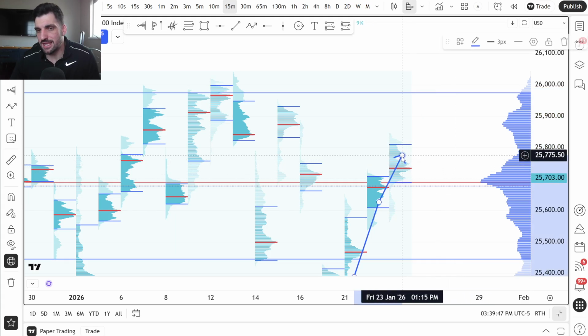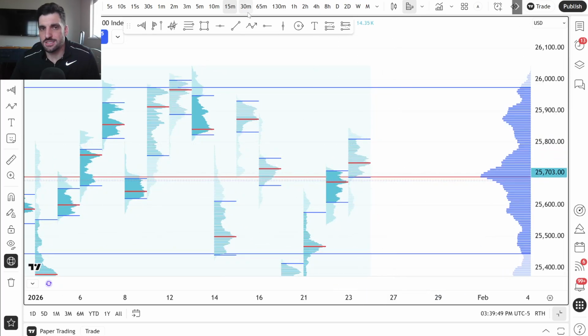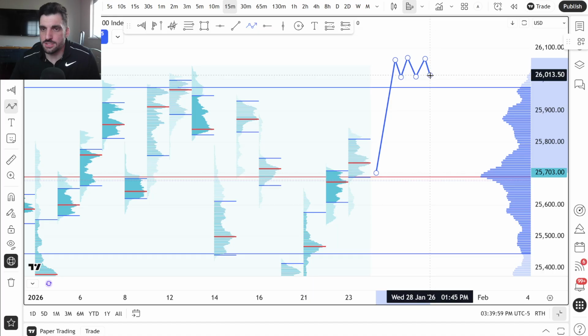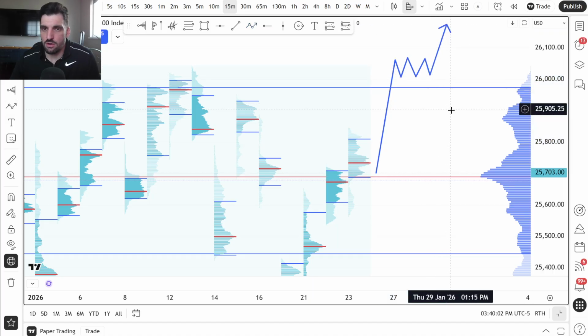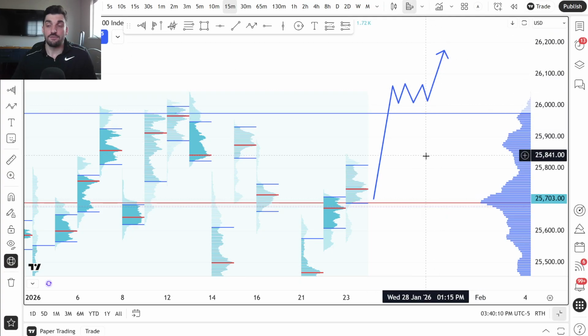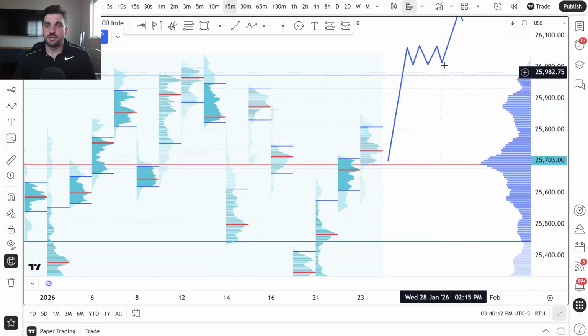If buyers are willing to accept these higher prices, then what we would need to see is that on an individual day, value is built higher where there were premium prices before. Now buyers are accepting those expensive prices and willing to pay higher prices to move the market auction further up, okay?